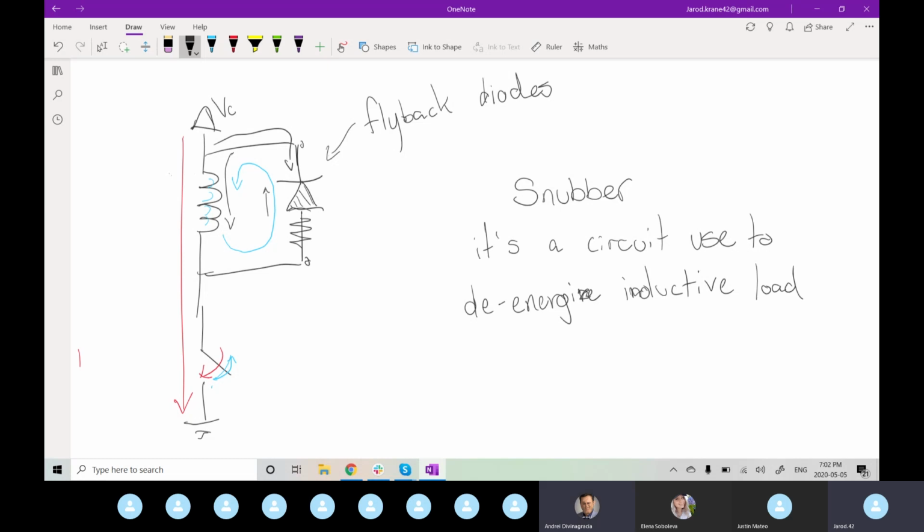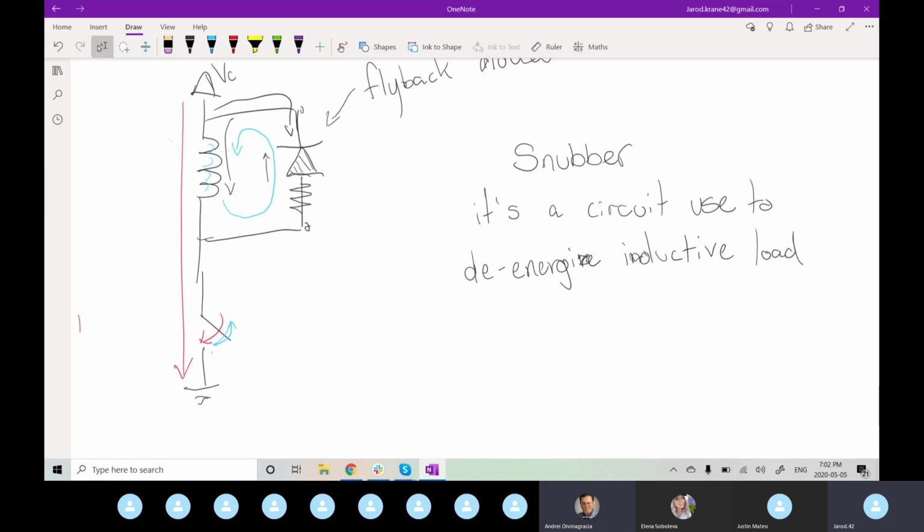So that's why it's typically seen with electromagnets, motors, relays. It's just a system that's used to de-energize your inductive loads, creating a current path for the current to still flow after opening a switch. All it basically does is create a current path for that stored energy to be dissipated.